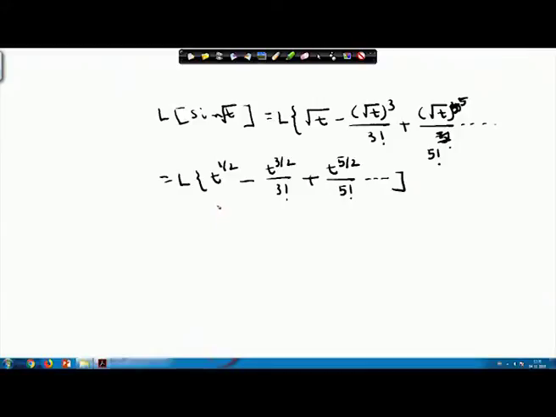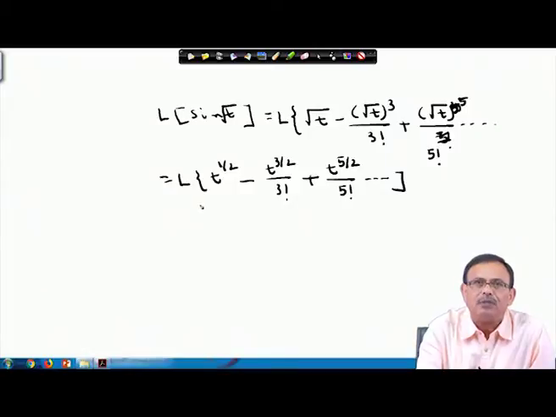We know the Laplace transform of each of them, so I can write Laplace transform of t to the power half minus Laplace transform of t to the power 3 by 2 by factorial 3 plus Laplace transform of t to the power 5 by 2 by factorial 5, using the linearity property: Laplace transform of a f1 t plus b f2 t is a into Laplace transform of f1 t plus b into Laplace transform of f2 t.